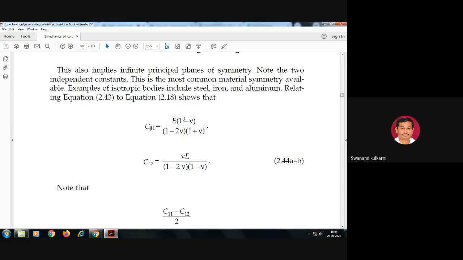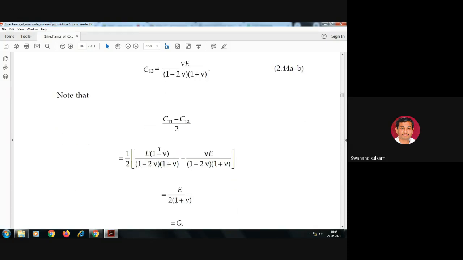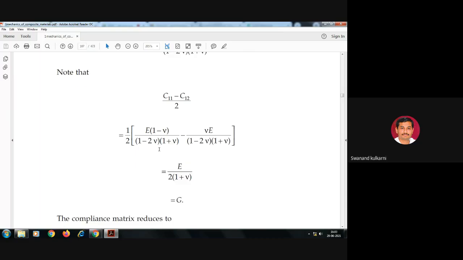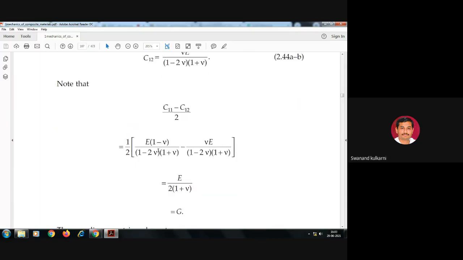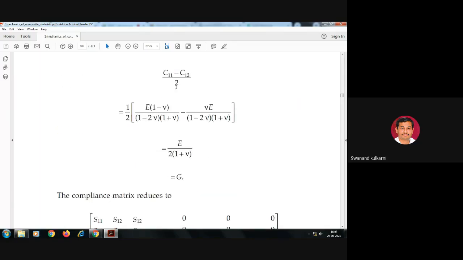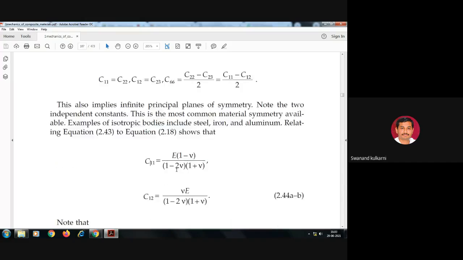C11 is E into (1 minus mu) divided by (1 minus 2 nu)(1 plus mu). C12 is equal to mu into E divided by (1 minus 2 nu)(1 plus mu). With this kind of relationship for C11 and C12, we can get C11 minus C12 upon 2, which is nothing but G.